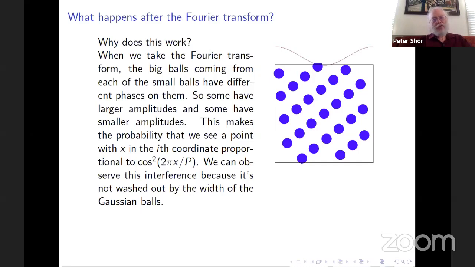So you can observe this interference. On the other hand, if this cosine had lots and lots of peaks and valleys, and it was much smaller than each of these large Gaussian balls, it would be completely washed out by the fact that the amplitude is the same over all this Gaussian ball.